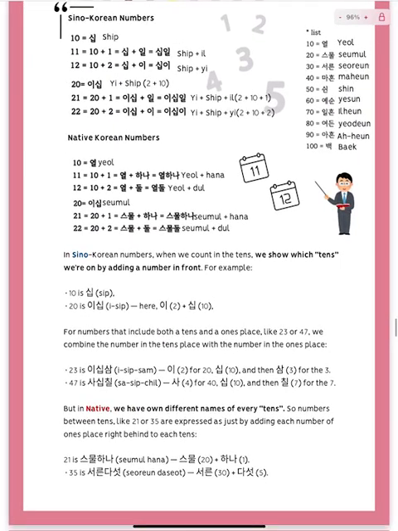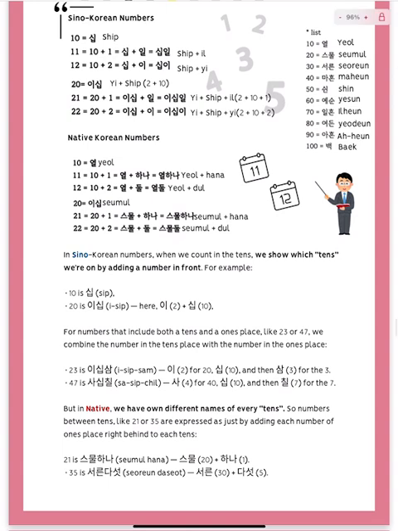For numbers that include both a tens and a ones place, like 27 or 47, we combine the numbers in the tens place with the numbers in the ones place. 23 is 이십삼, 이 for 20, and then 삼 for 3. 47 is 사 for 4 and 십 for 10, which equals 40, and then 칠 for the 7.